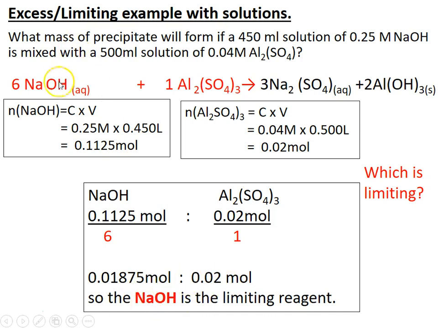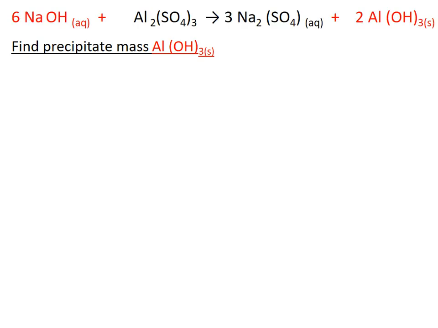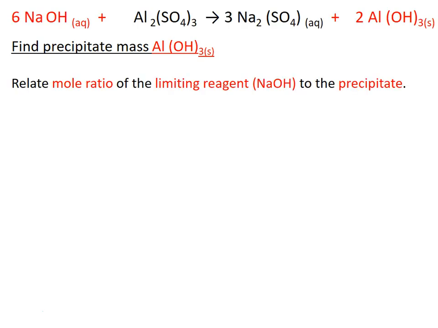Once you know the sodium hydroxide is the one that you're going to run out of first, then you can use that to work out how much precipitate, how much aluminium hydroxide you would make, because once you run out of that, you're not going to make any more of this. So we need to do a ratio between the limiting reagent and your product to find the mass of aluminium hydroxide produced.